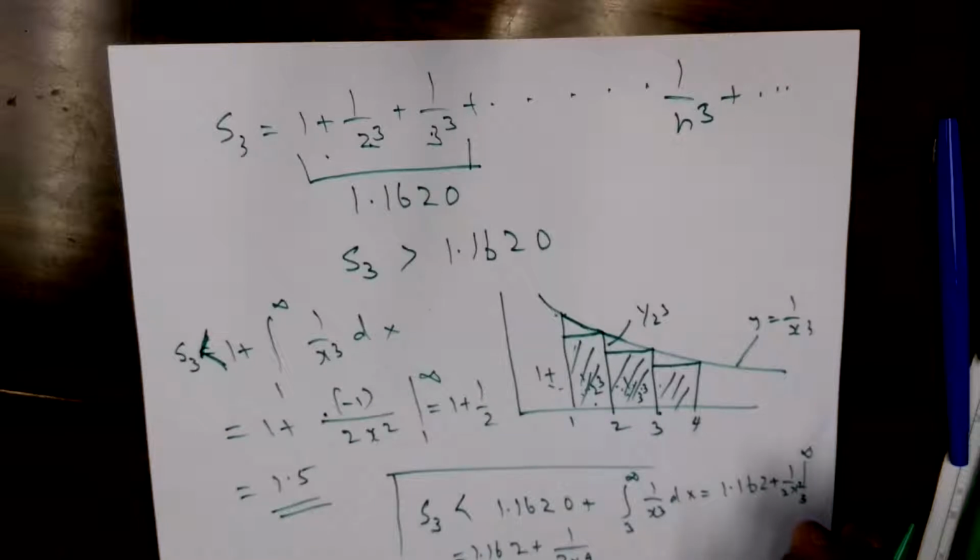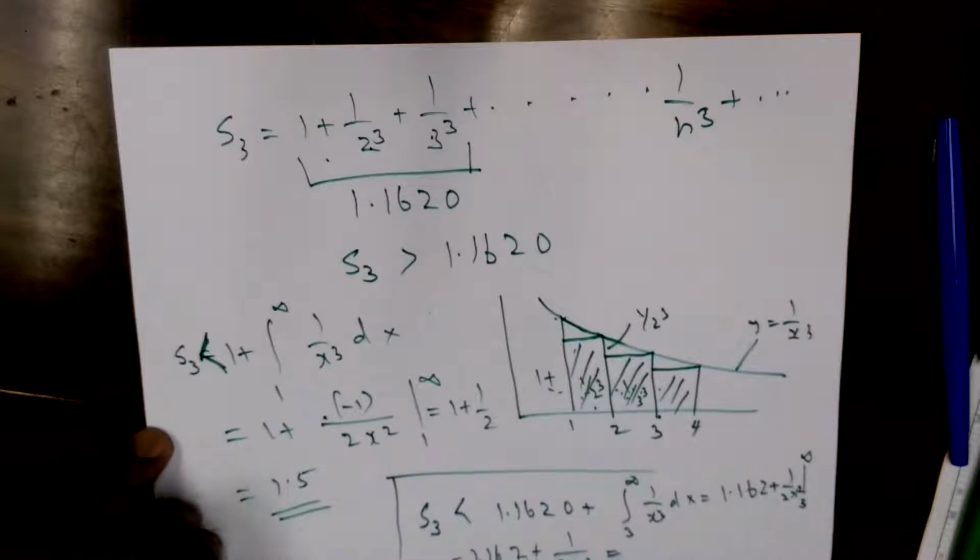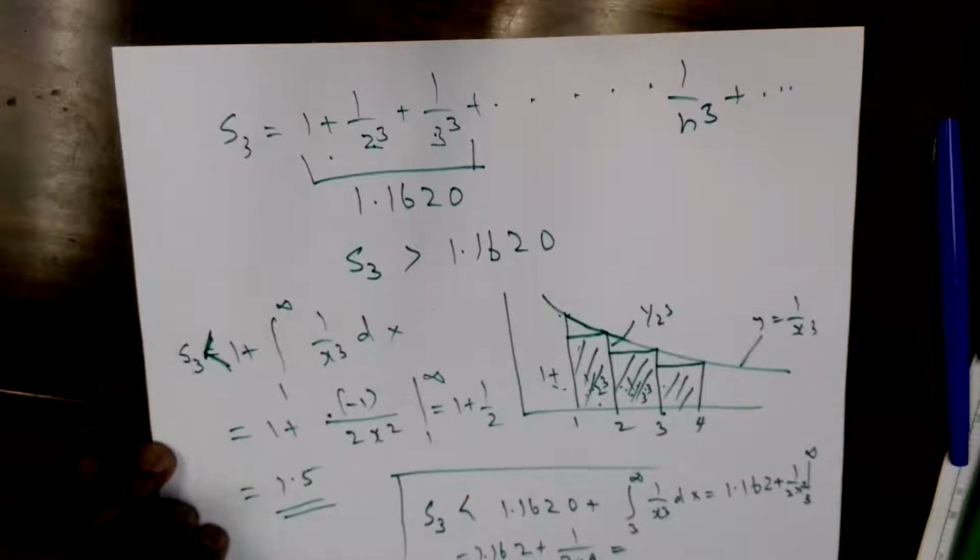That will turn out to be somewhere around 1 point something, whatever you can compute. So you can get slightly better upper bounds.